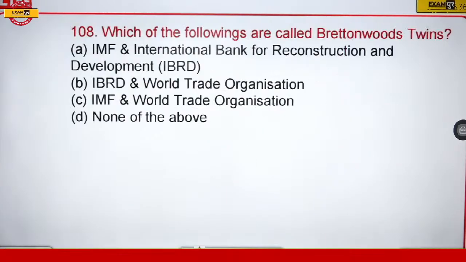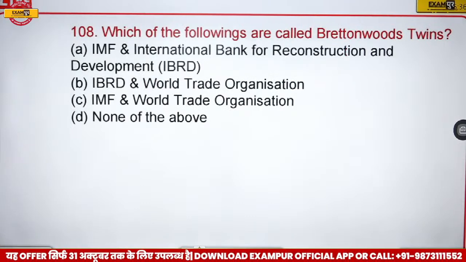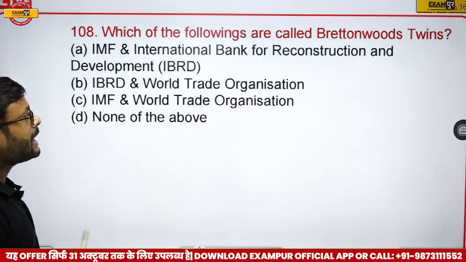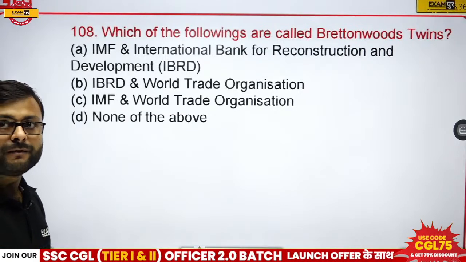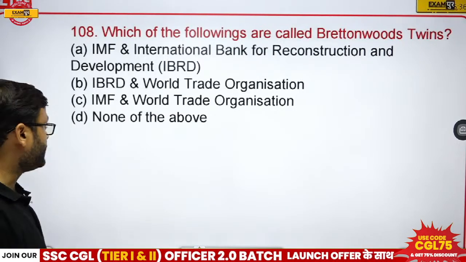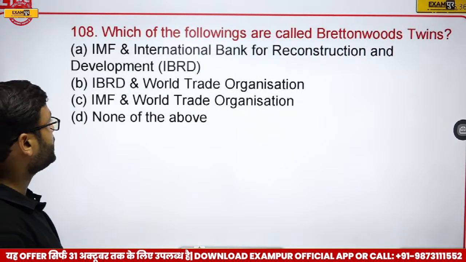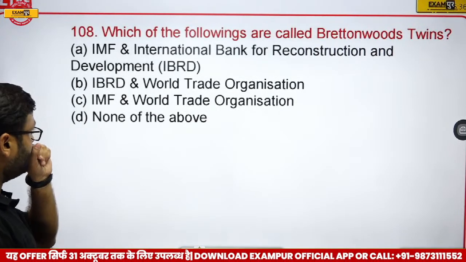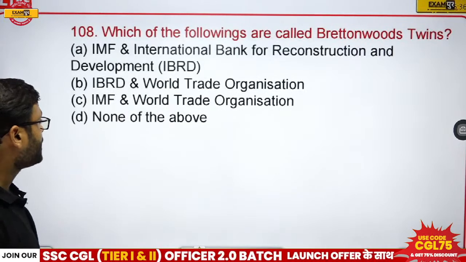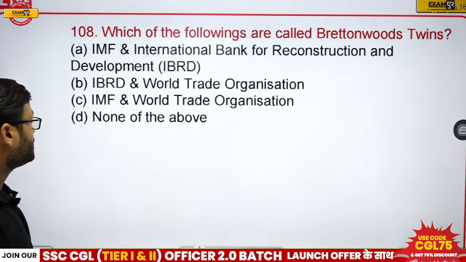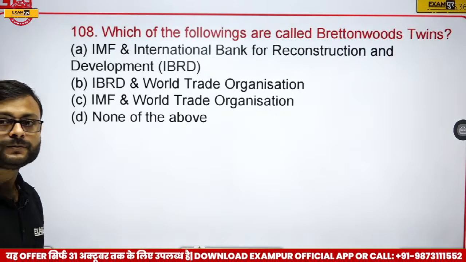Now come to question number 108. Which of the following are called Bretton Woods twins? IMF and International Bank for Reconstruction and Development, IBRD and World Trade Organization, IMF and World Trade Organization, and D option, none of the above.